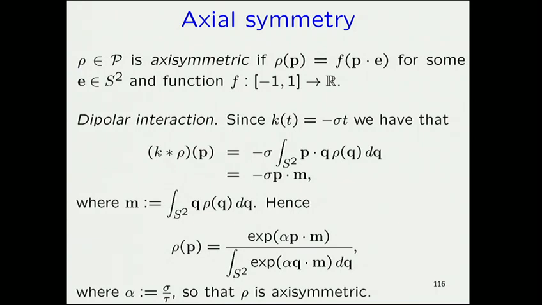Right? So the formula tells you that rho of p is this expression, which just depends on p dot m, and alpha is this number sigma over tau. Okay, so in this case, rho is automatically axisymmetric.